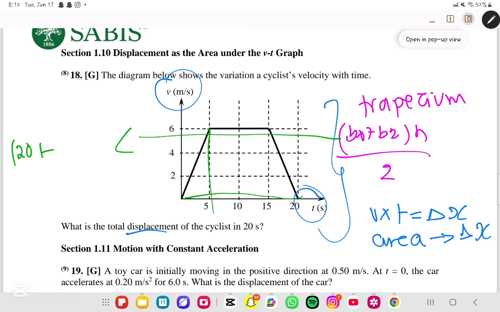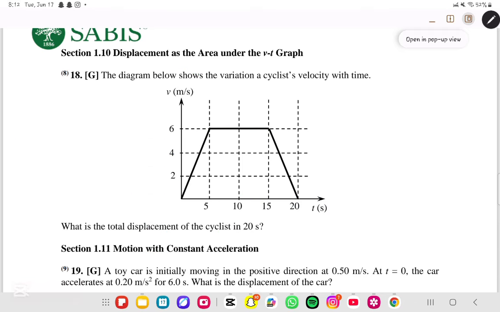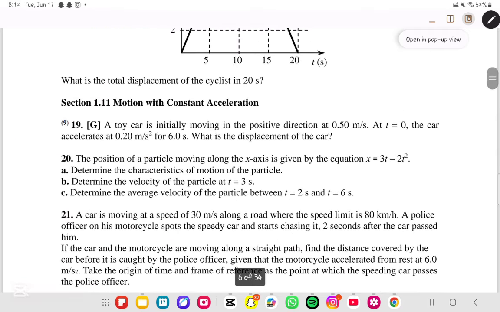Plus base 2, which is from 5 to 15. What's the difference? 15 minus 5, 10. So 20 plus 10 times the height, which is 6, divided by 2. Put it on the calculator and you will get an answer of 90 meters. So the displacement of the cyclist in 20 seconds was 90 meters.